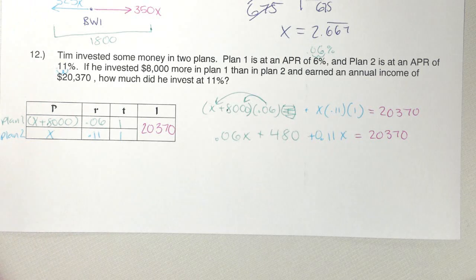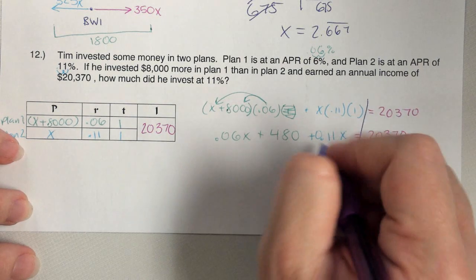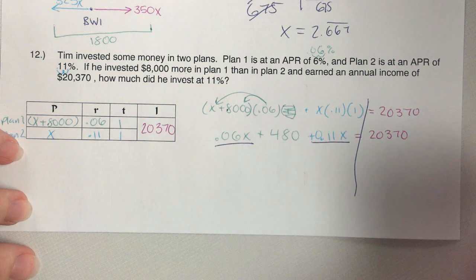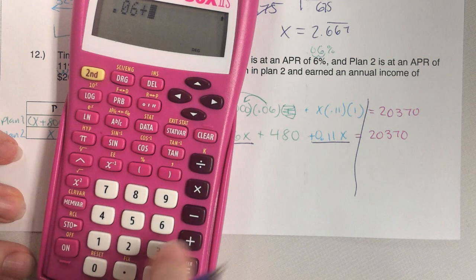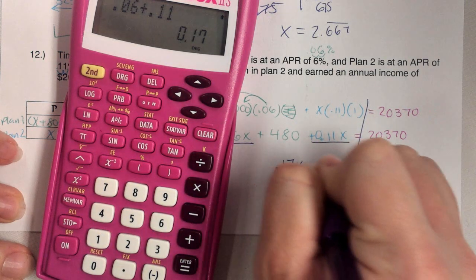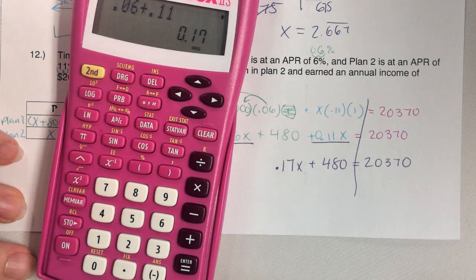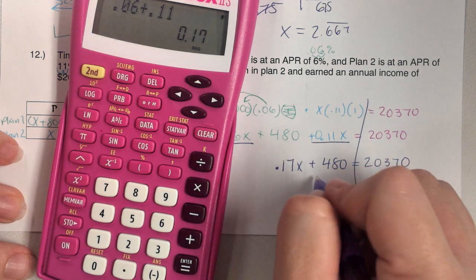Okay, and so now I'm going to solve. Okay, so I know these are like terms. So I have 0.06 plus 0.11. That gives me 0.17x plus 480 equals 20,370. So now I need to move what doesn't have an x to the other side.